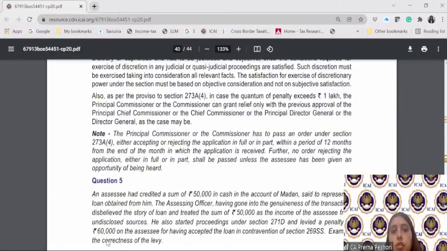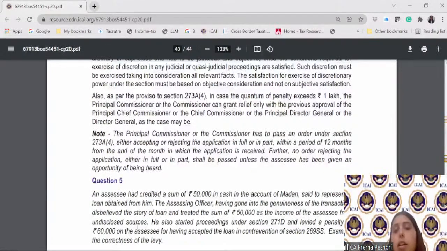Next question is question number 5, which is in relation to an assessee who had credited a sum of rupees 50,000 in cash in the account of Mr. Madan, said to represent a loan obtained from him. The AO, having gone into the genuineness of the transaction, disbelieved the story of loan and treated 50,000 as the income of assessee from undisclosed sources.